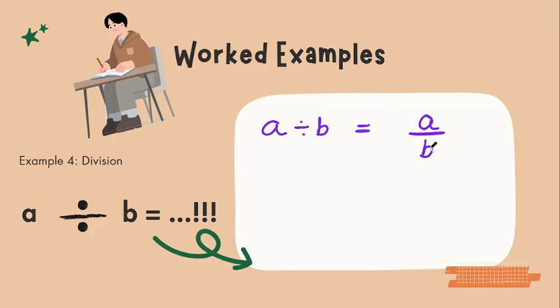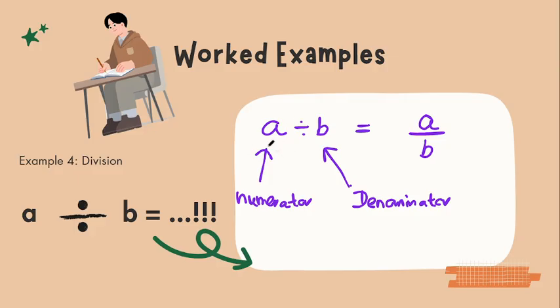Now you're thinking, how did I put A above, B below? Why can't it be B above and A below? I will explain. The first number is going to be the numerator in the fraction, and the second is going to be the denominator.